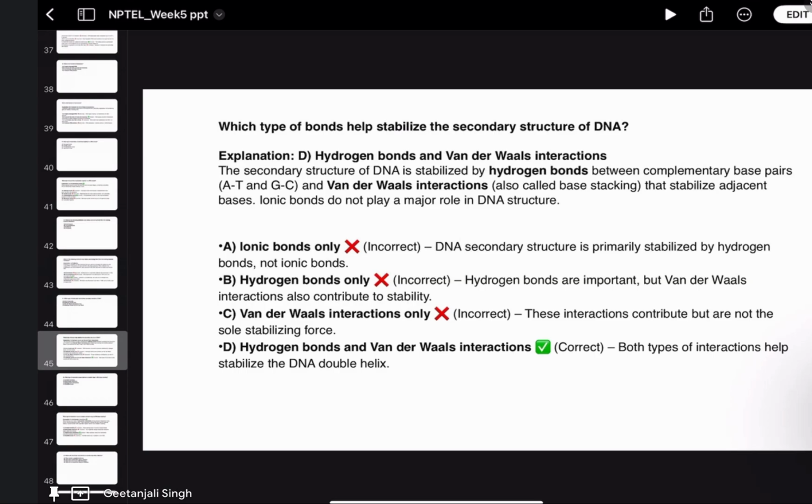We know there is hydrogen bond between the complementary base pairs, but it is not the only force responsible for stability. We have to consider the pi-pi stacking as well. Van der Waals interaction contributes, but is not solely responsible for the stability. Hydrogen bonds as well as van der Waals interactions, they both are the correct answer.